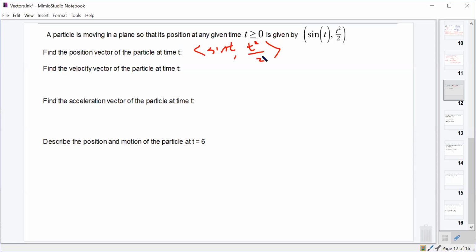How do we find the velocity vector? Just take the derivative, right? So our velocity vector should be cosine t, and this is 1/2 t squared, so the derivative of that should just be t. And what about our acceleration vector?